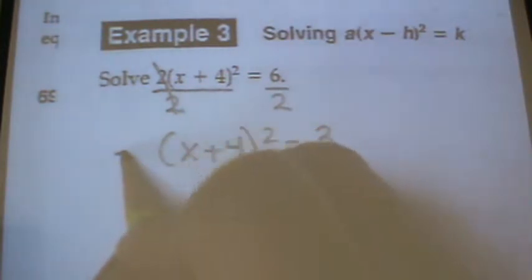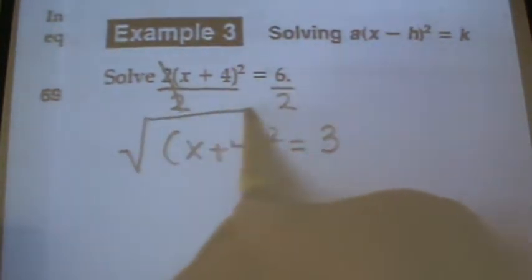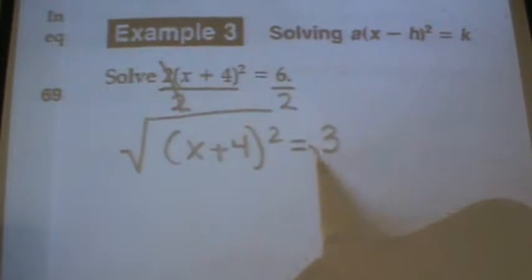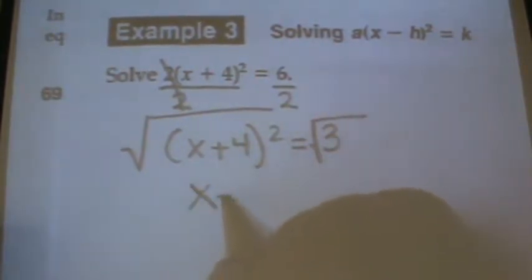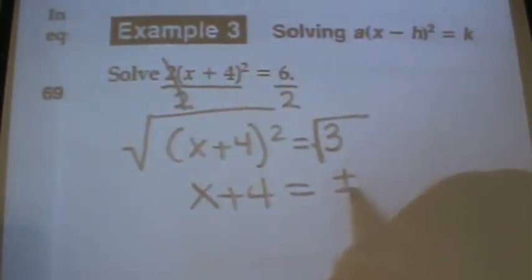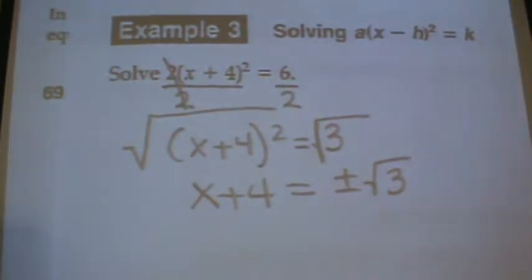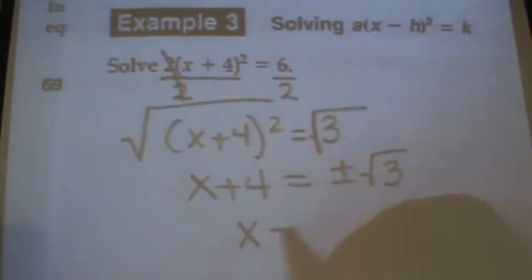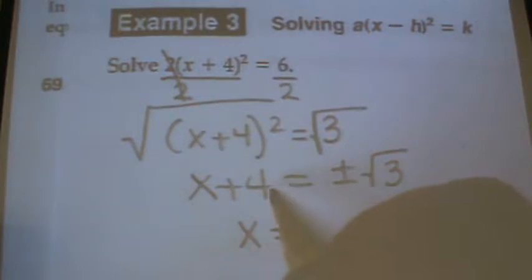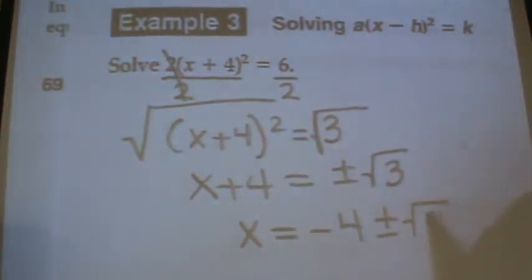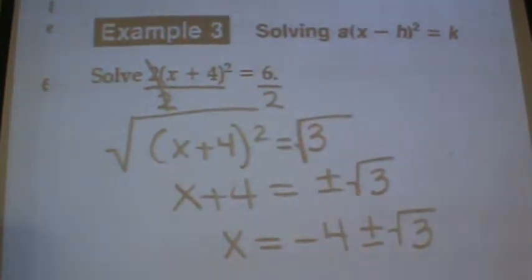No, you write it. You root 2. Yeah. And however you do one side, you do the other. And then what? So x equals plus or minus root of 3 minus 4. You should bring this over first. And then that. So what are these two answers?